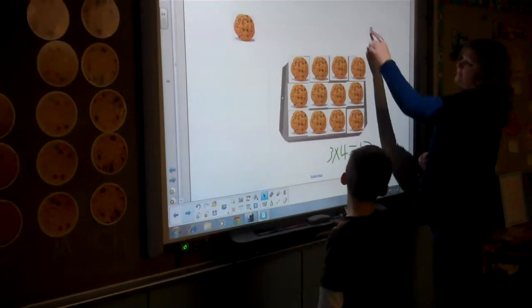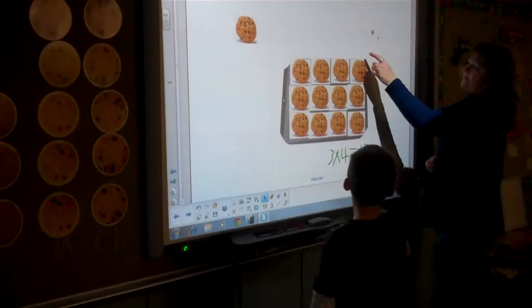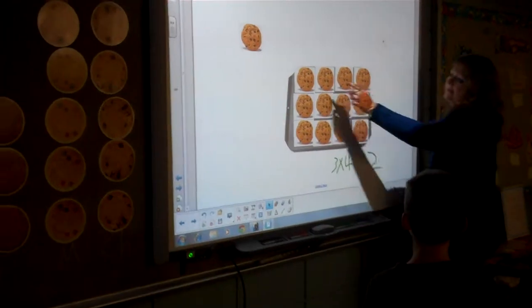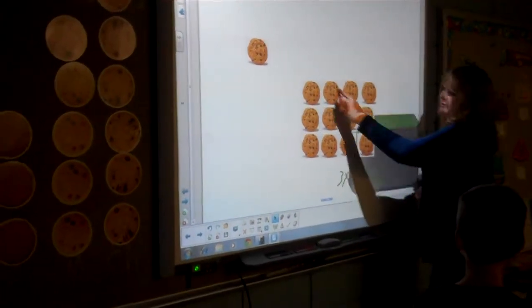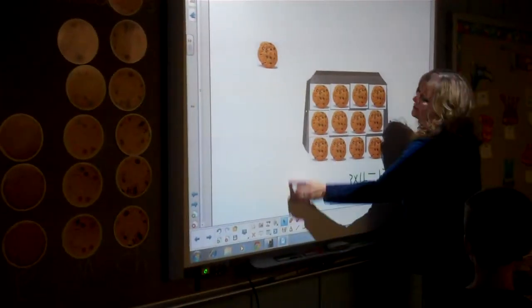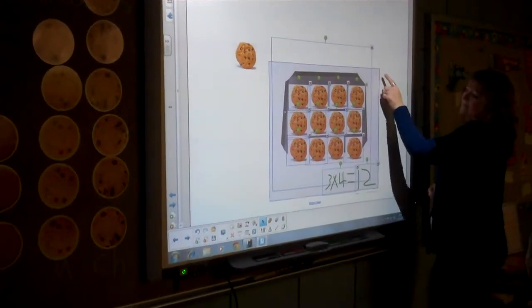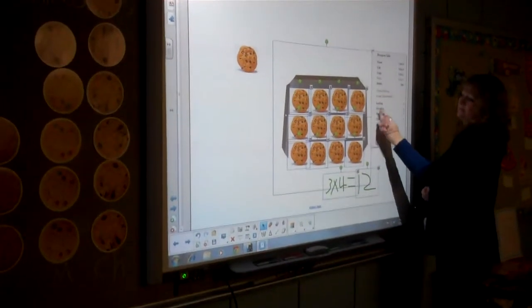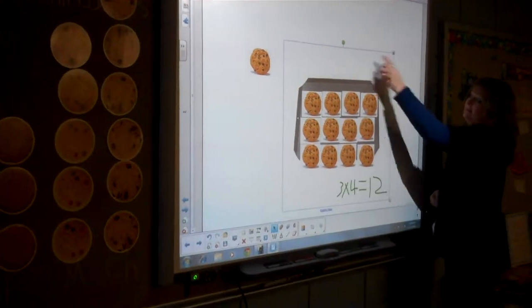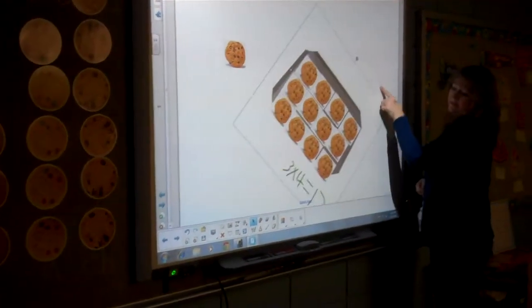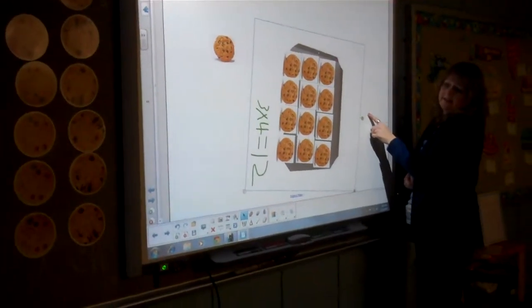What if we took our cookie tray and we just turned it the other way? Let's see how fast we can do it. Then we should be able to spin our whole cookie tray.